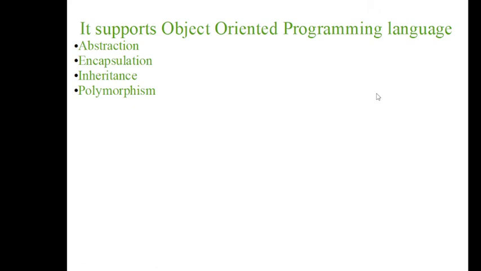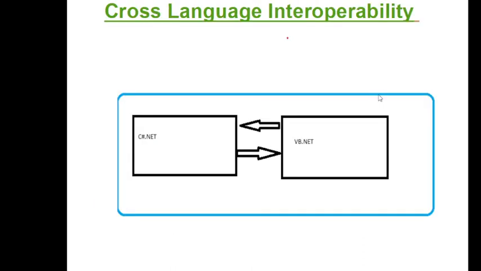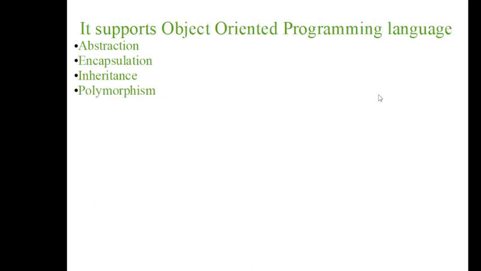Now in the next one, the fourth point we discussed in the second slide, it supports object-oriented programming language. The object-oriented programming language has 4 pillars: abstraction, encapsulation, inheritance, and polymorphism. As the course goes on, we'll understand what exactly this is all about.